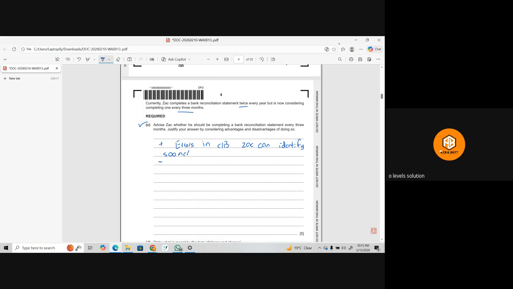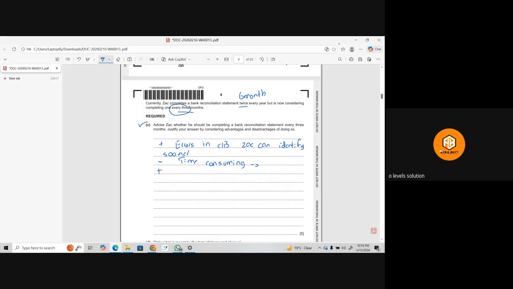And in negative points, we can say that previously they were preparing BRS after every 6 months, but now they have to prepare it after every quarter. So it means that this will be time consuming. Yes, time consuming is a good point.